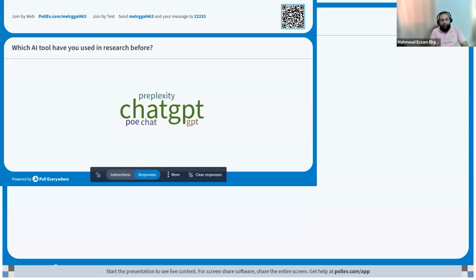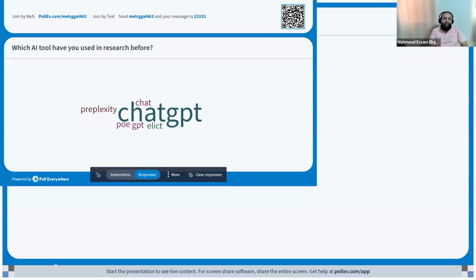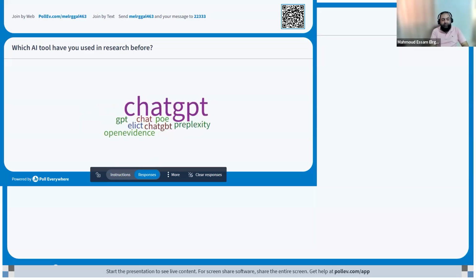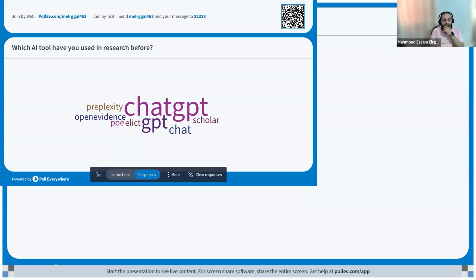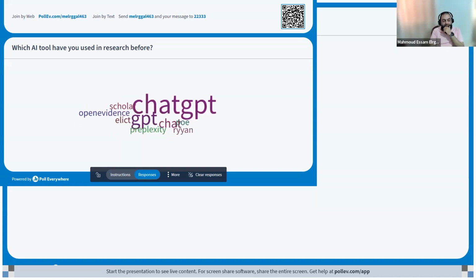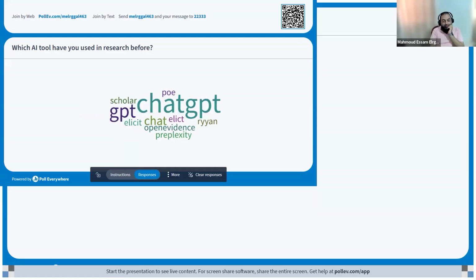Okay. And you see why ChatGPT is the largest font size, because many people are just typing ChatGPT. Elicit, okay. OpenEvidence, okay. Perplexity. Any other tool anyone used before? Scholar, Ryan, okay.